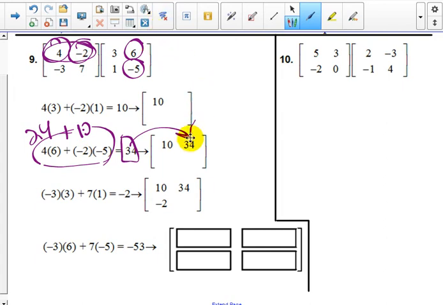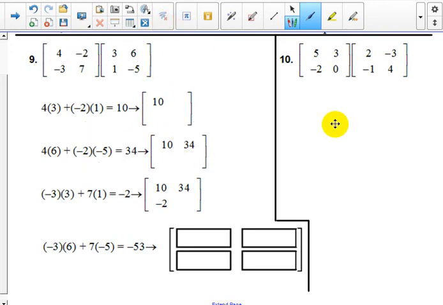You're always putting it in the answer element where the row and column intersect, right? Because if you were to scoot these on top of each other, they're intersecting at this second row.